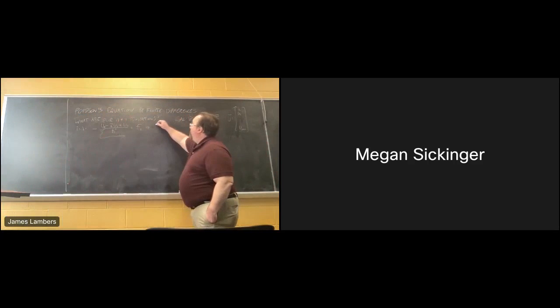This term has to go to the other side. So now I'm going to have 2u_1 minus u_2 over h squared is equal to f_1 plus a over h squared.